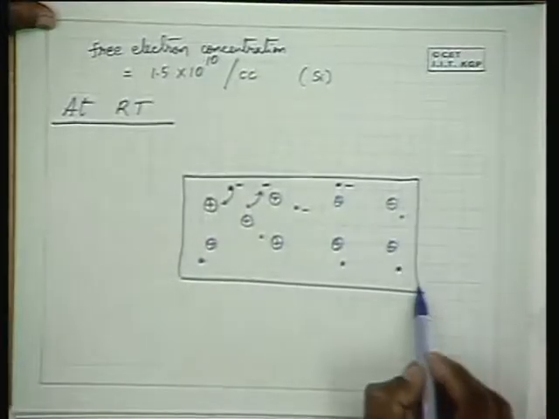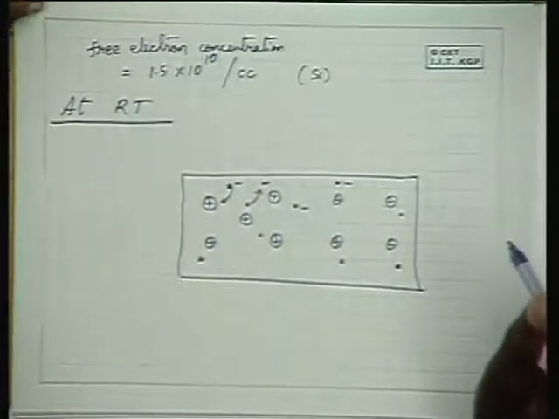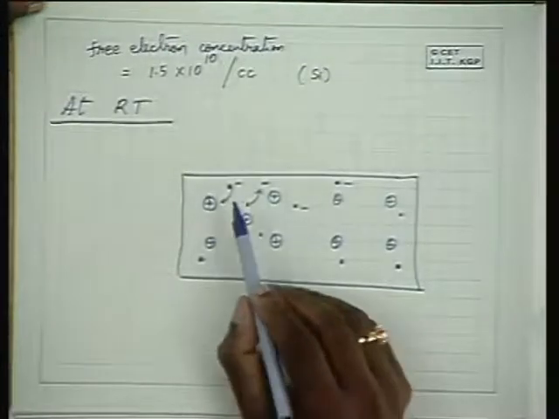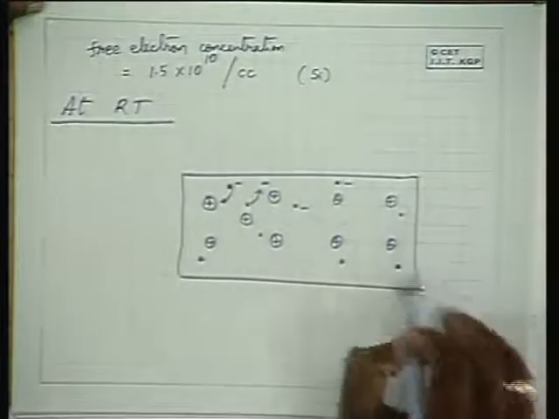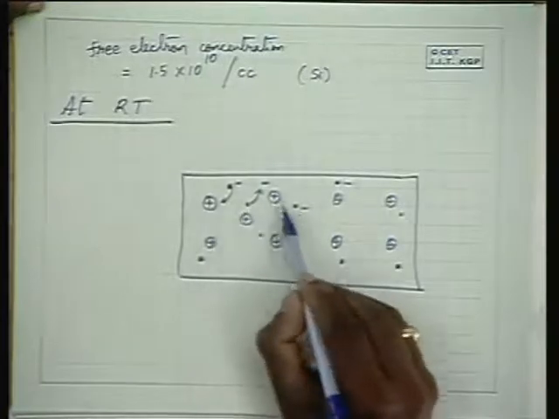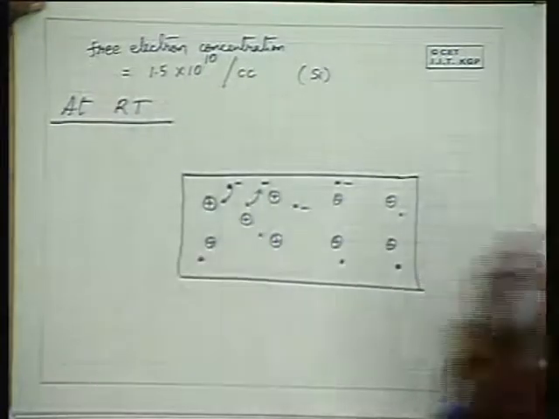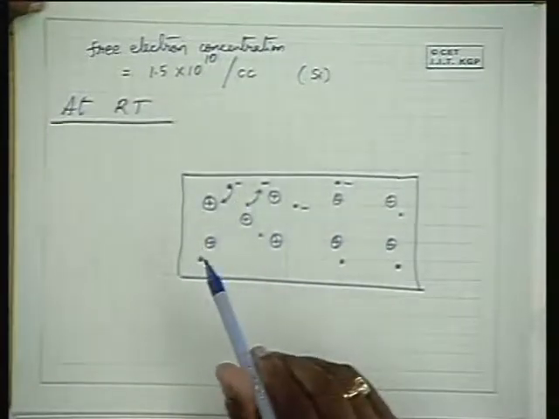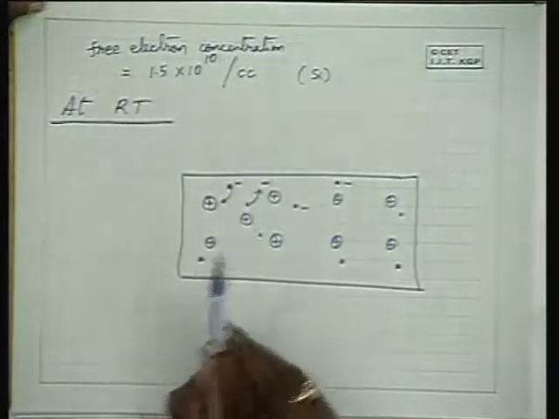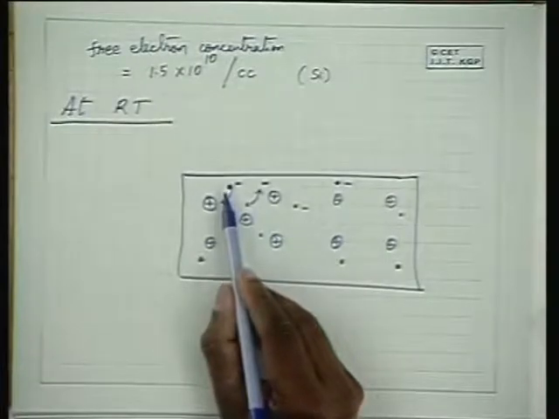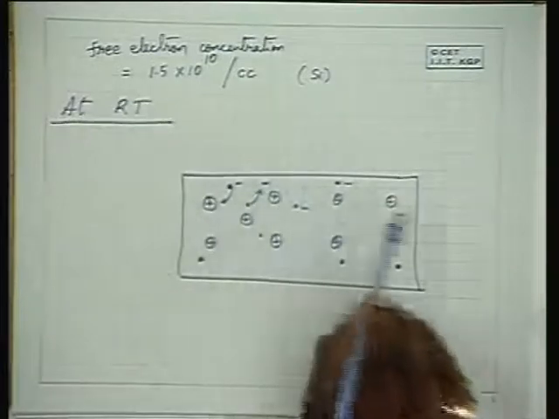Now, in a free body, what happens to these electrons? Because of this kind of random phenomenon occurring, they possess some energy, and if you look at the entire field microscopically, there is a regular potential distribution, and these are electrons with different energy levels possessing some velocity. Why should they possess some velocity? It is a region of field.